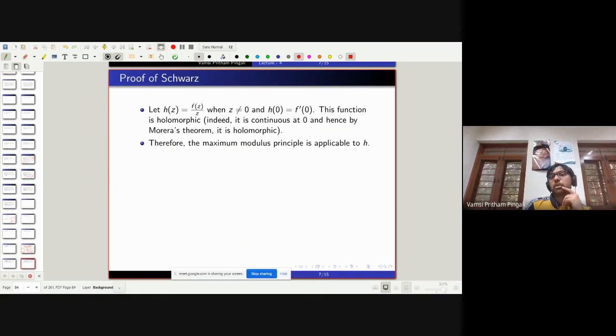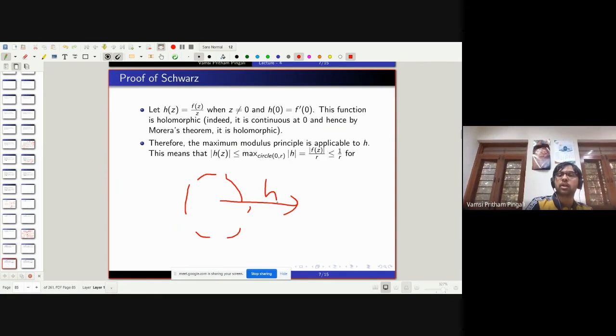What does the maximum modulus principle state? That this function is defined on the unit disk, right? H is defined on the unit disk. So if I take any circle of radius r, the maximum on this disk of radius r is attained on this circle.